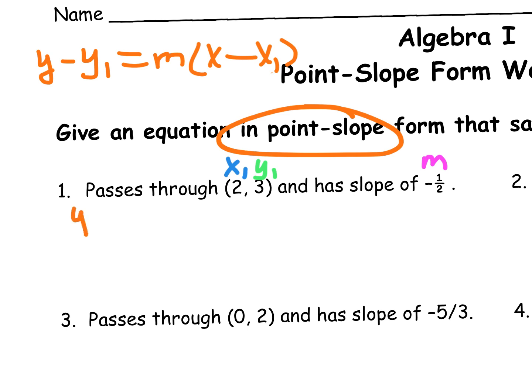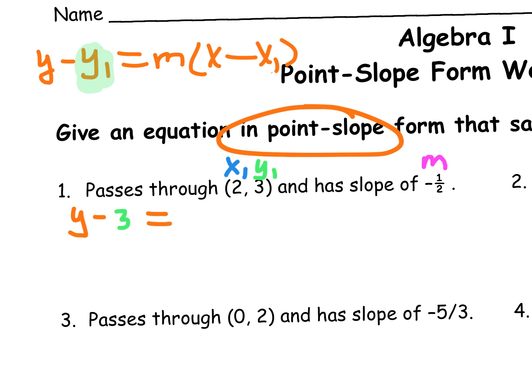So I'll start, so y minus, I'm going to replace the y1. What number am I getting ready to put in there instead of y1? 3. Yeah, y'all are so great. Because that is my y1. Equals is just part of the equation, so just write it equals.